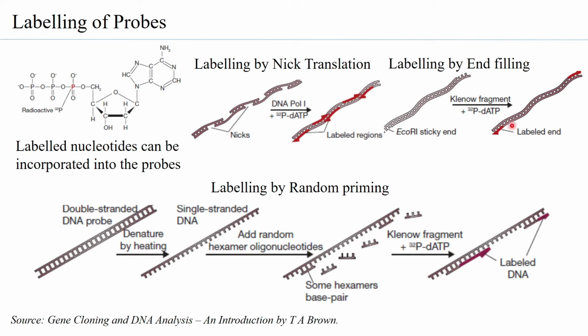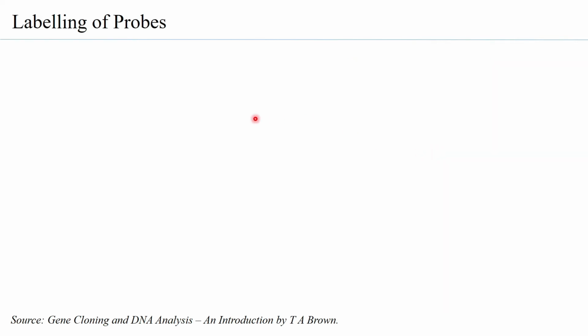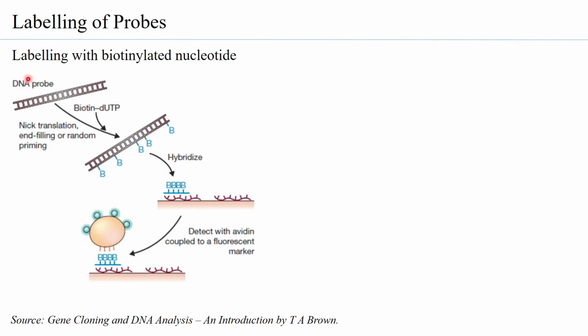But this was all looking at the use of a radioactive label, but you can also label with non-radioactive components. For example, this is by adding a biotinylated nucleotide. So you can see that you have a DNA probe to which can be added a biotinylated dUTP.